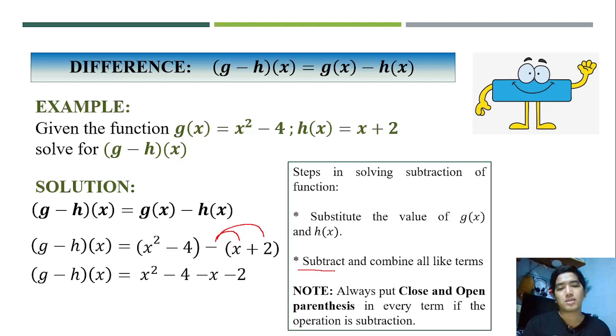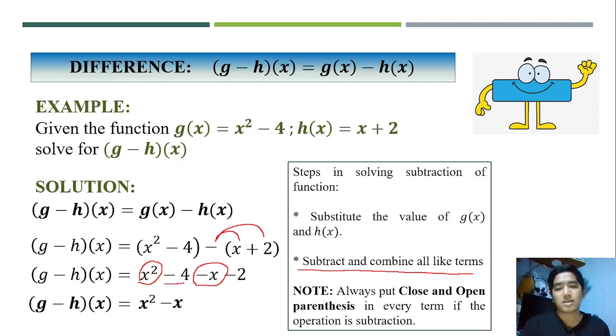And then, subtract and combine all like terms. So, we have g minus h of x is equal to, so x squared, wala na siyang kaparehas dyan. So, we just bring down yun. X squared natin. Then we have here negative x. Okay, so we have negative x kasi wala na rin tayong idadagdag or ibabawas sa kanya.